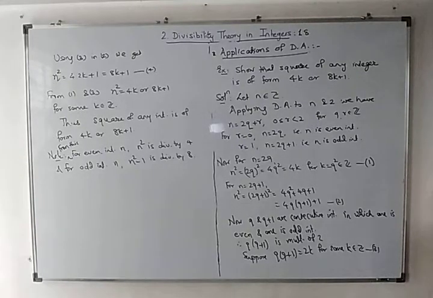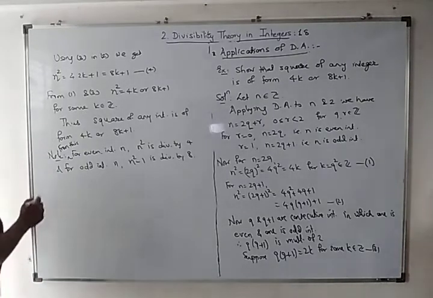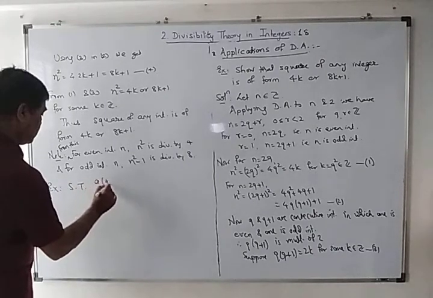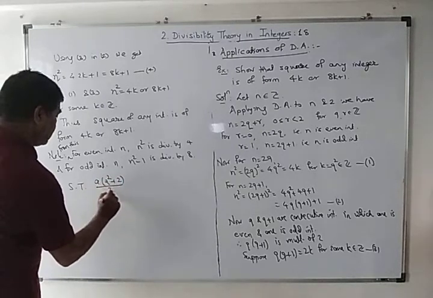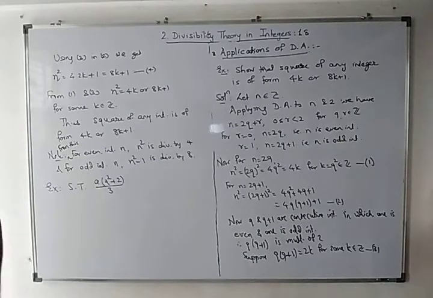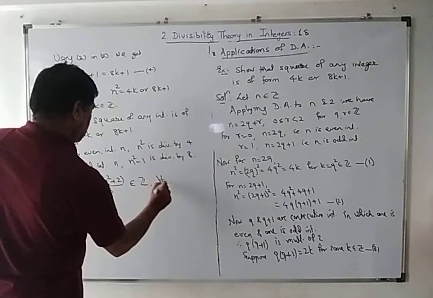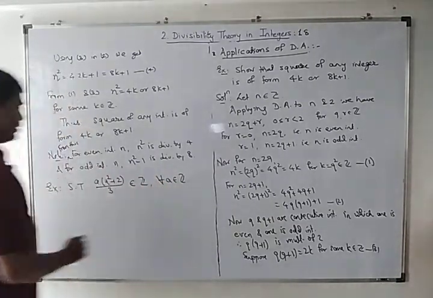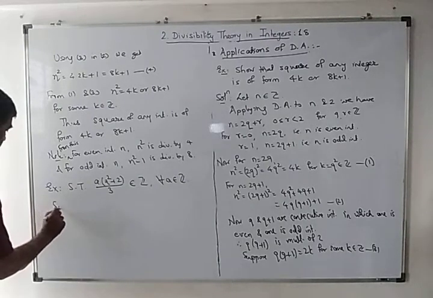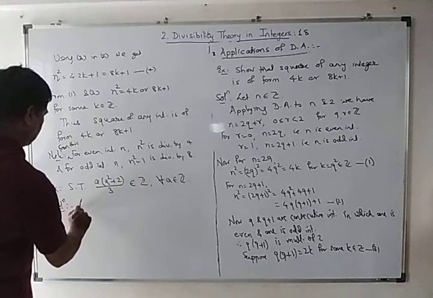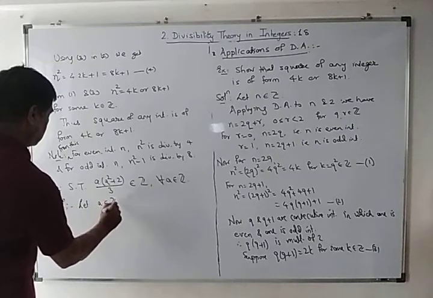Next example: show that the expression a into (a square plus 2) upon 3 belongs to Z for any a belongs to Z. Solution: applying the division algorithm, let a belong to Z be an arbitrary integer.